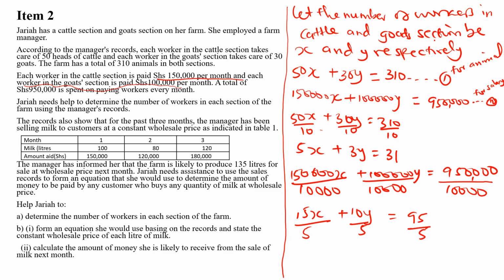So here we shall have 3x plus 2y is equal to 19. So these are the simplified equations, and those are the ones that I want to deal with, such that I can easily get the value of x and y.